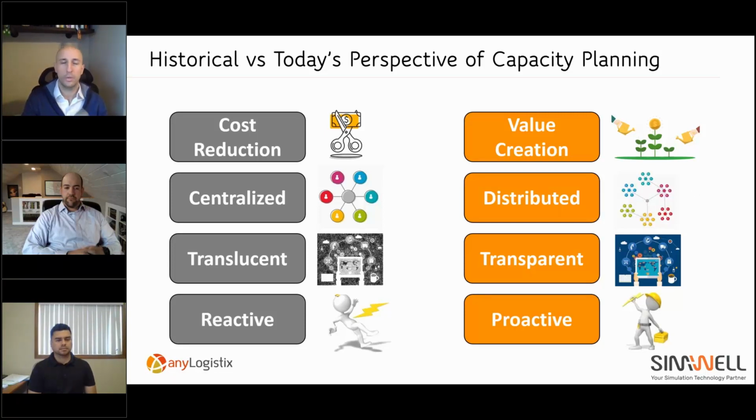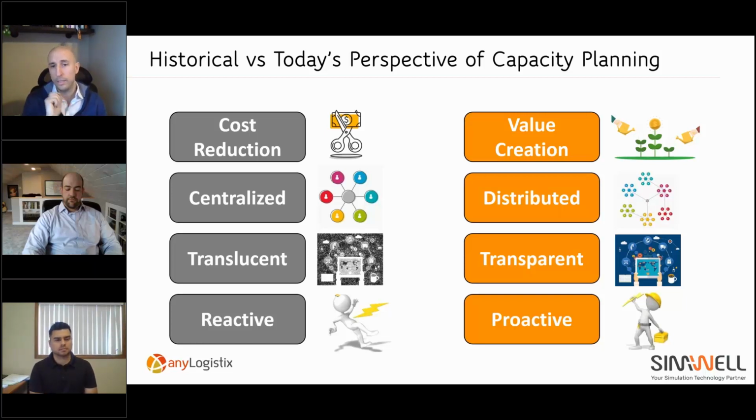So before, we had the typical supply chain management in which there's a lot of pressure for cost reduction, there's a lot of hierarchy, everyone is in the same building, there is a lack of clarity in how decisions are made, and there is a reactive approach.